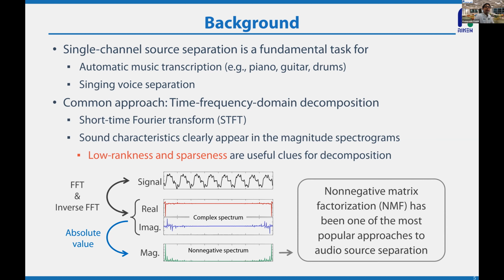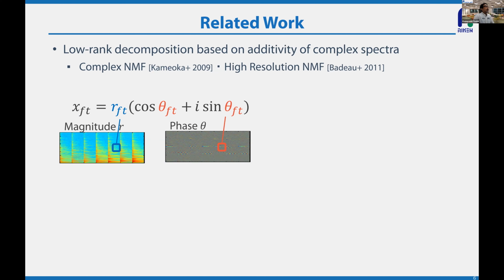Based on this approach, non-negative matrix factorization has been one of the most popular approaches to audio source separation. However, there are several related studies on phase-aware source separation methods. For example, complex NMF or high resolution NMF can consider phase information somehow.